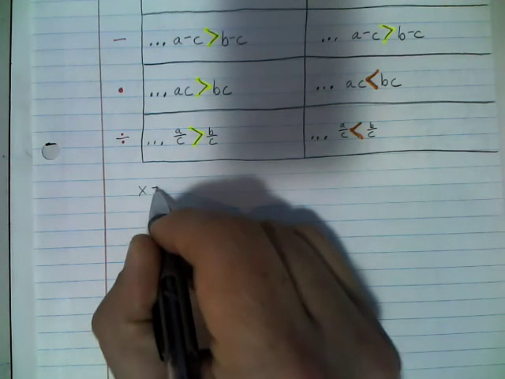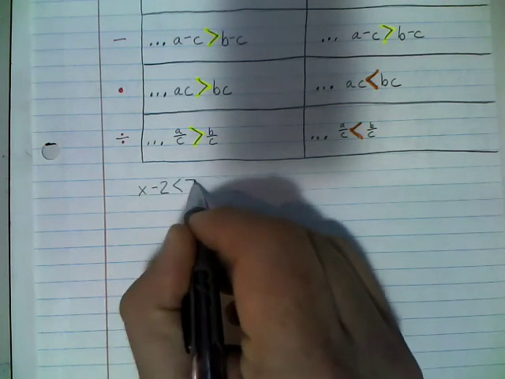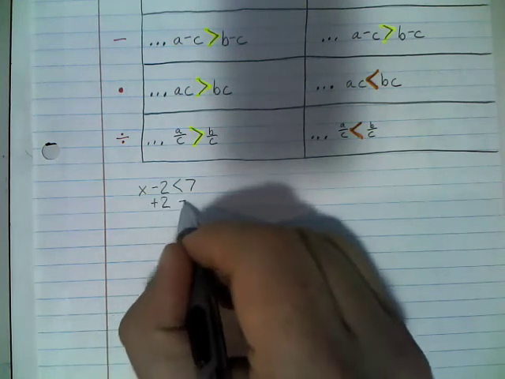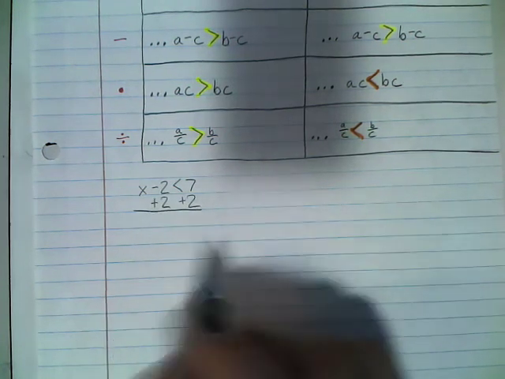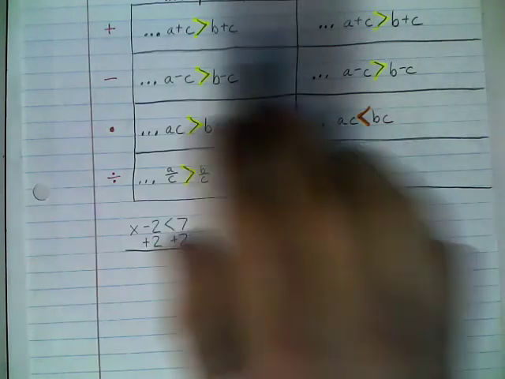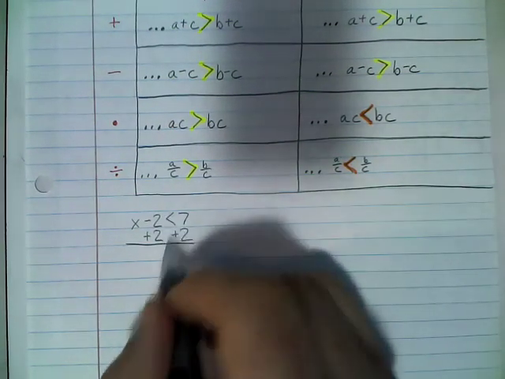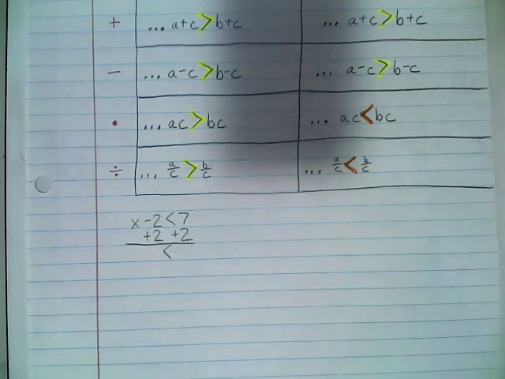And our first one will be x minus 2 is less than 7. So obviously to get rid of a minus 2, we're going to add 2 to both sides. Now remember, with addition, it doesn't matter what we add, it's always going to stay the same. So if this was a less than before, it's going to be a less than still.